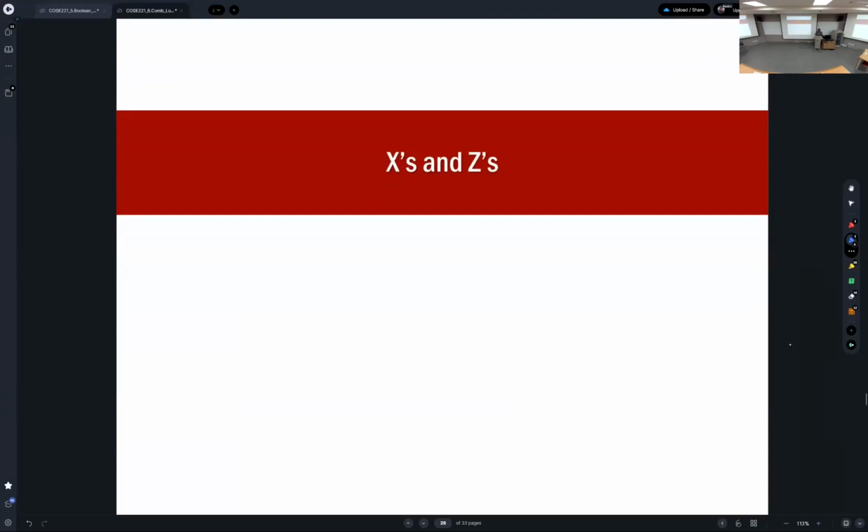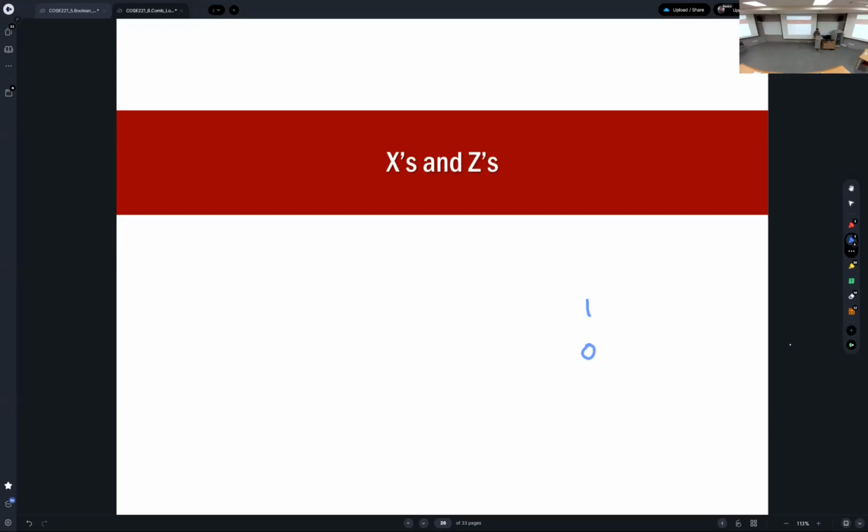Okay, let's see another representation, X and Z. So actually, until now, we assumed that input or output signals have only two kinds of values, 1 and 0, right?